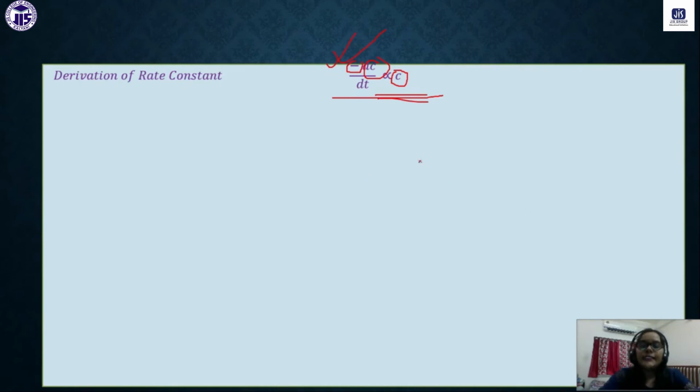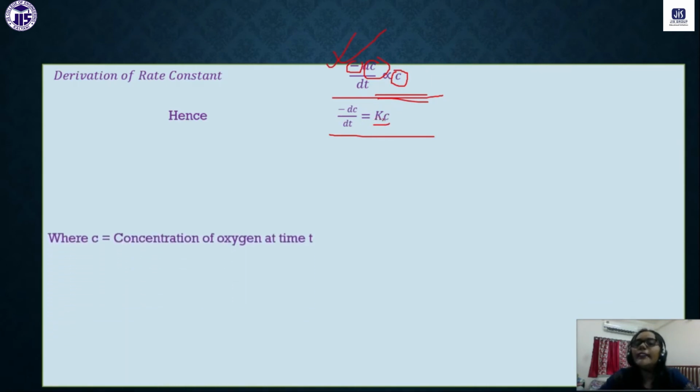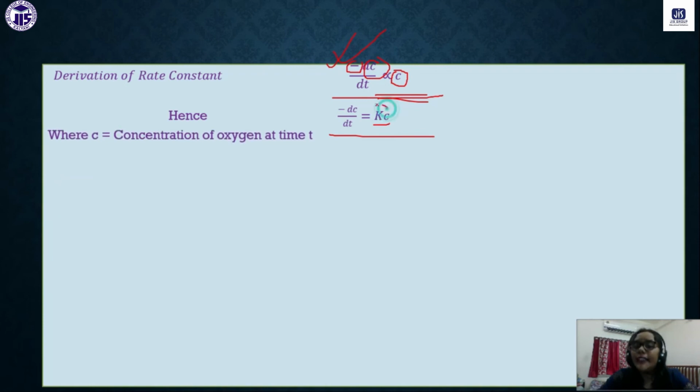Next, instead of proportional, we have introduced a proportionality constant k: minus dC/dt equals k into C. What is k? k is your rate constant, the BOD rate constant, understand?